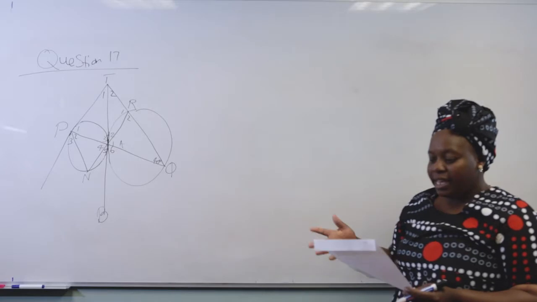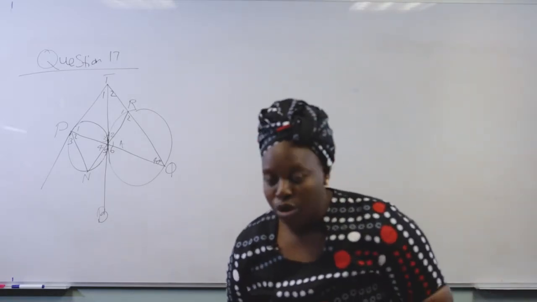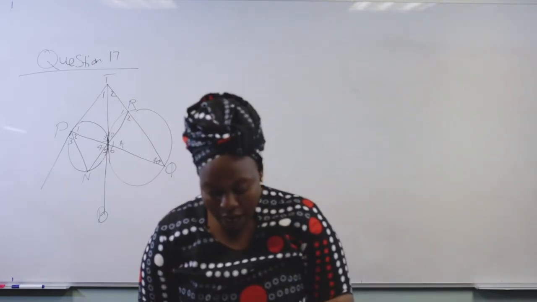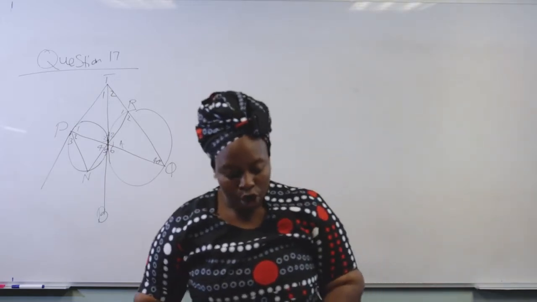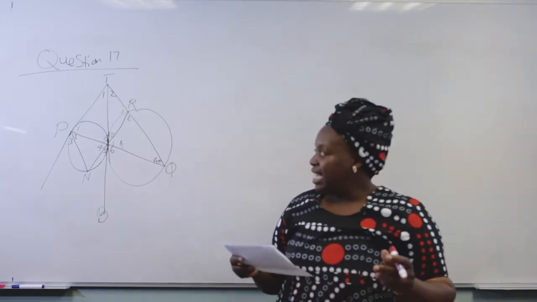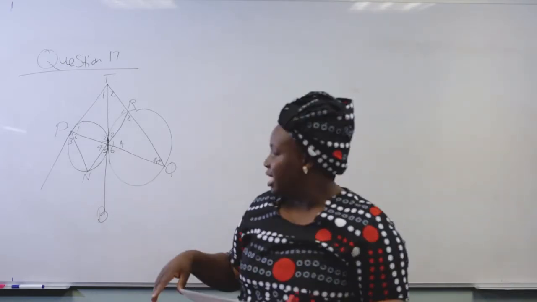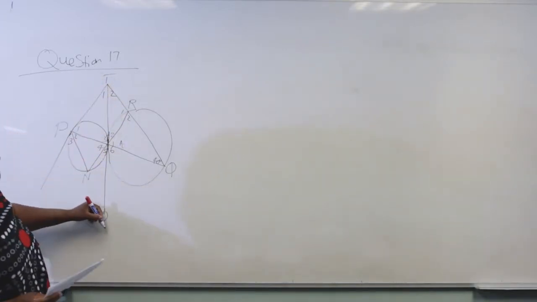As usual, we must go back to the information given. In other words, you have to go back to the instruction before you can answer the questions. They said in the diagram below, 2 circles have a common tangent, TAB. So this is our tangent.